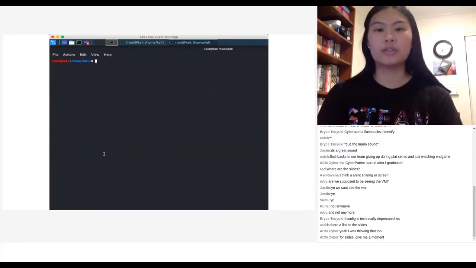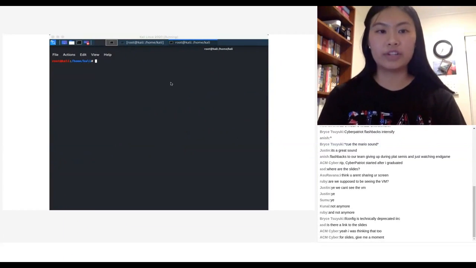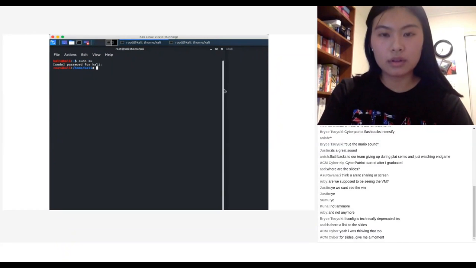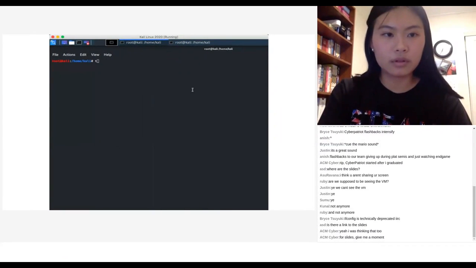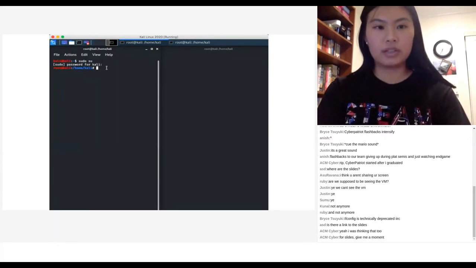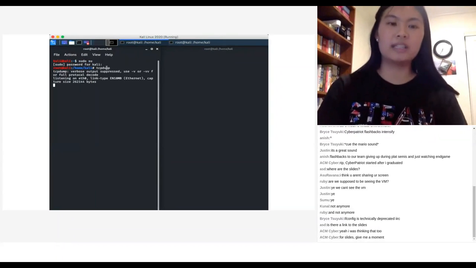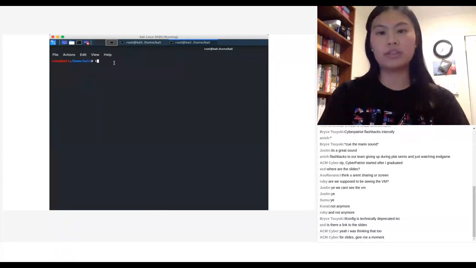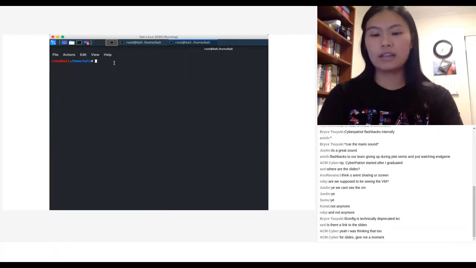So now I'm actually going to use tcpdump to generate traffic. I run tcpdump. Right now I don't think there's anything happening, so it's trying to pick up stuff, but there's nothing. So I'm going to switch to another terminal. You can open another terminal, and then I'm just going to send a ping.